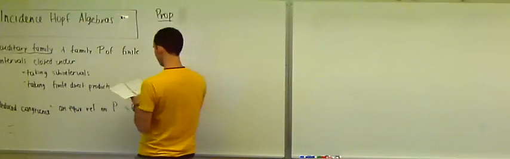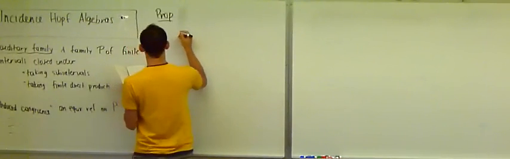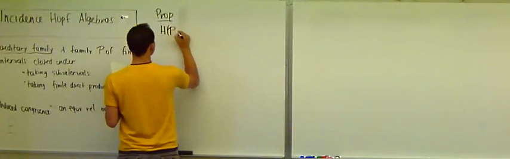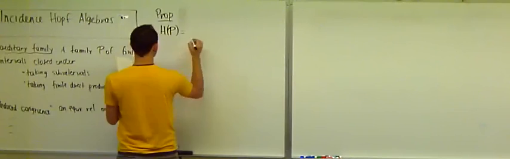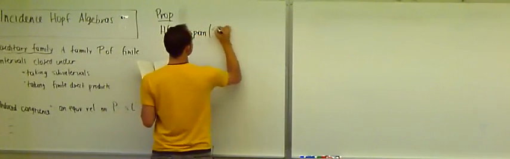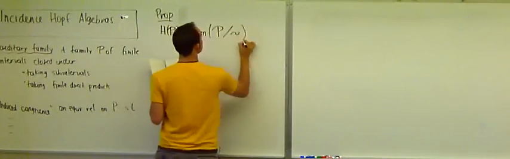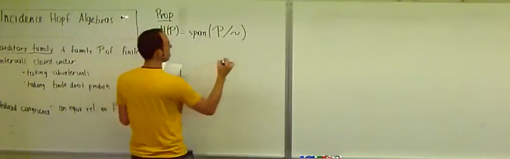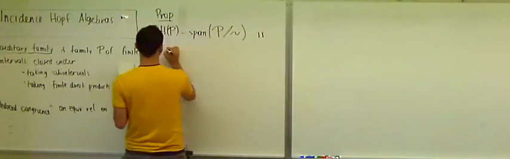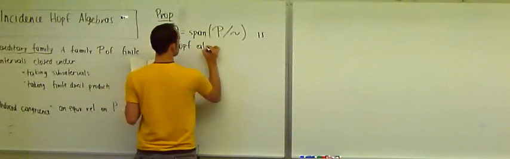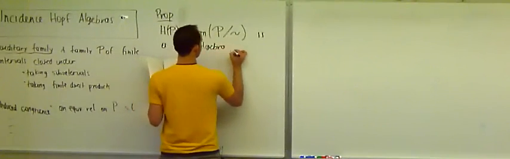So if we have this, then if we define H of P to be the K-span of the equivalence classes, then this is a Hopf algebra with the following operations.